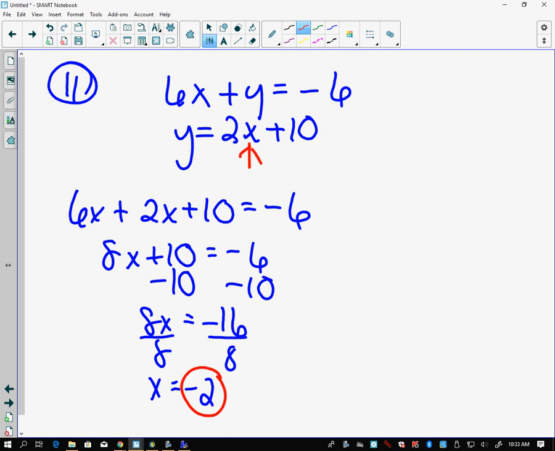What's 2 times negative 2? Negative 4. What's negative 4 plus 10? 6. So we get negative 2 and 6. So we understand how to do that. Now, what they're going to look for is that you put this in as a coordinate pair.